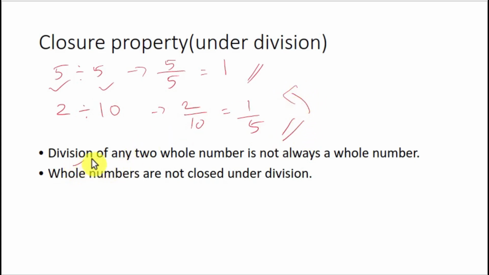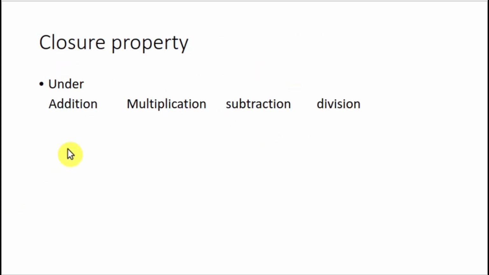So division of two whole numbers is not always a whole number. So we conclude that whole numbers are not closed under division. So conclusion, for the closure property, addition and multiplication are possible, subtraction and division are not possible.